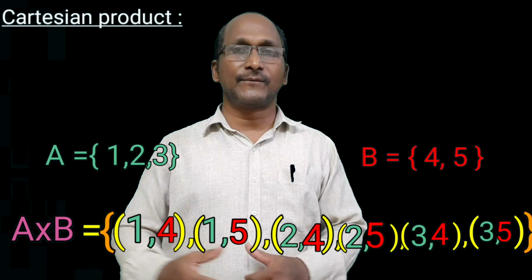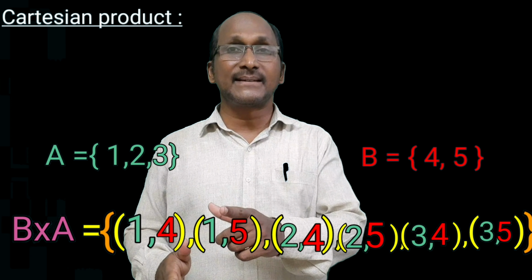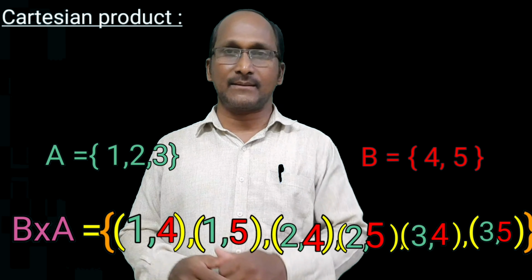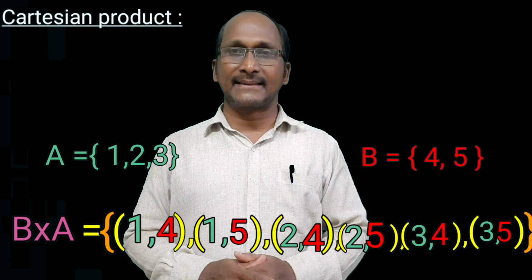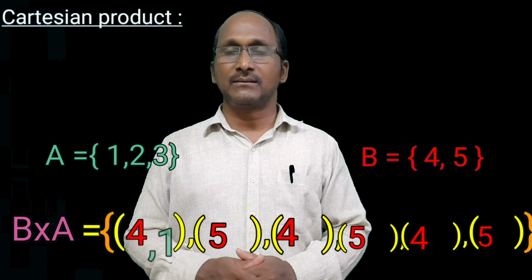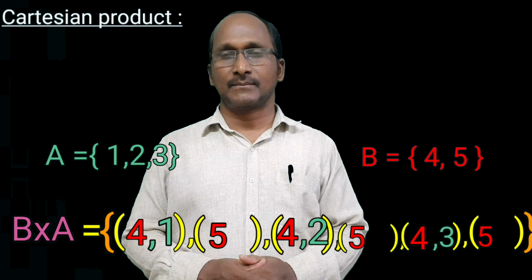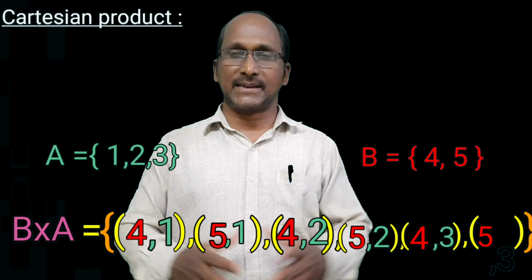Now let us find B cross A. For this, first elements are taken from B and the second elements are taken from A. So B cross A can be taken as the set of ordered pairs {(4, 1), (4, 2), (4, 3), (5, 1), (5, 2), (5, 3)}.